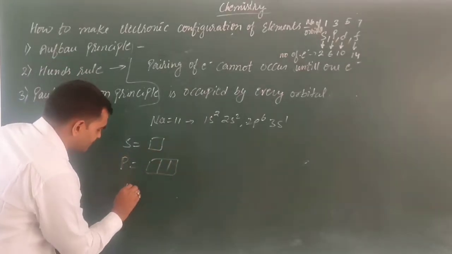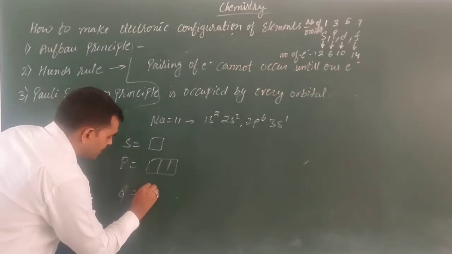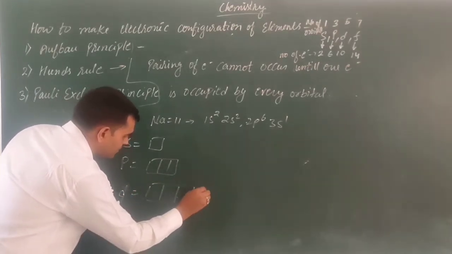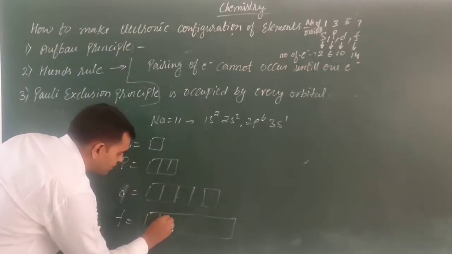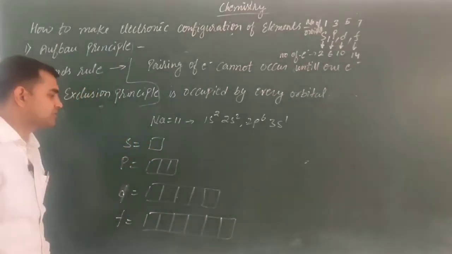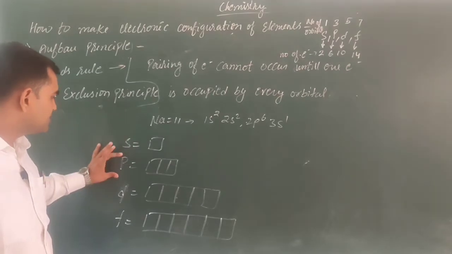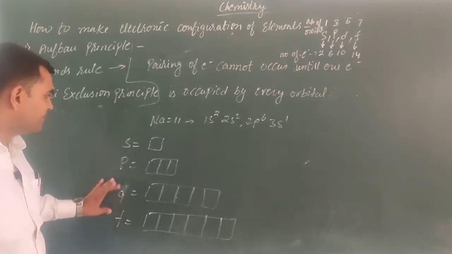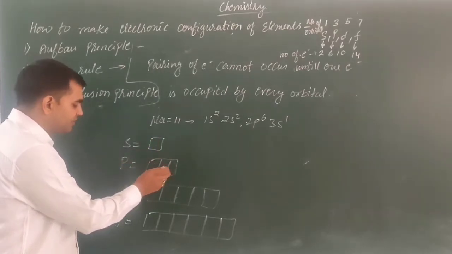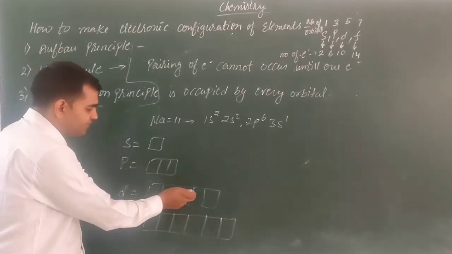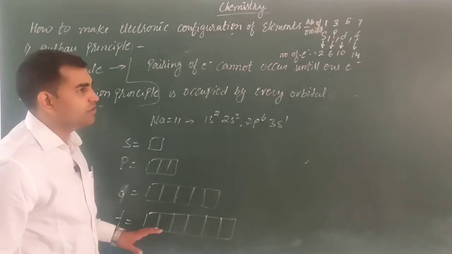In d, we can take 5, and in f we have 7 orbitals. This is s, this is p, this is d, and this is f.